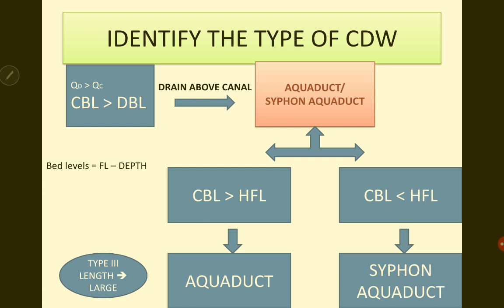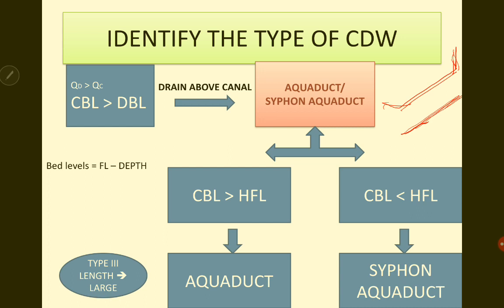If the discharge in the drainage is very high compared to the canal, and the canal bed level is much above the stream bed level, in this case the drainage is below the canal, right? In this case we are supposed to provide an aqueduct, right?